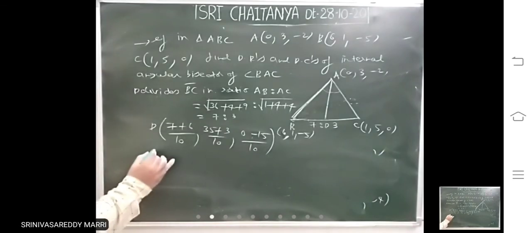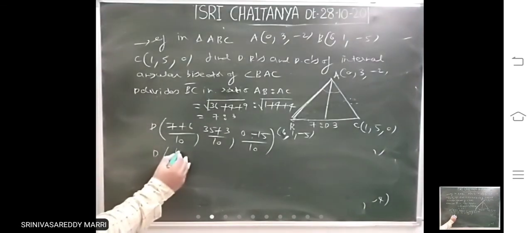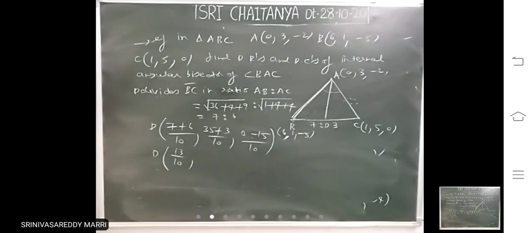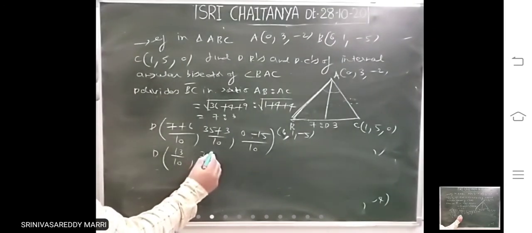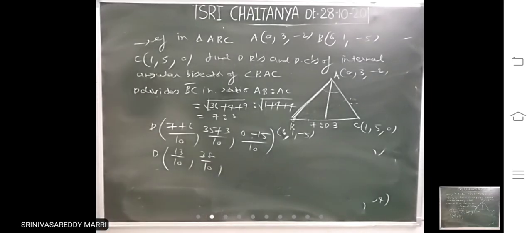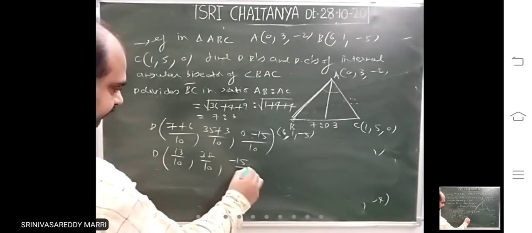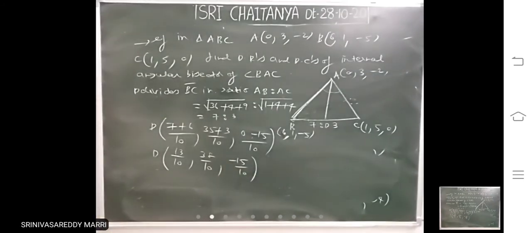That means D you will get 13 divided by 10, comma 38 divided by 10, comma minus 15 divided by 10. So this is the D you got. Now A you know, D you know.